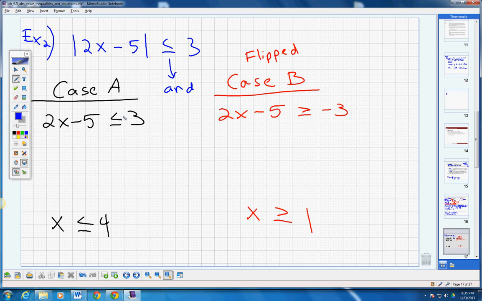I have the case where it looks the same, only I take out the absolute values: 2x minus 5 less than or equal to 3. And, because it points to the absolute value, case B: 2x minus 5 greater than or equal to negative 3. Because that's a negative there, I had to flip the inequality around.